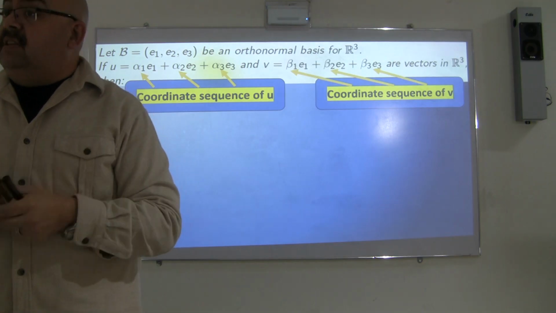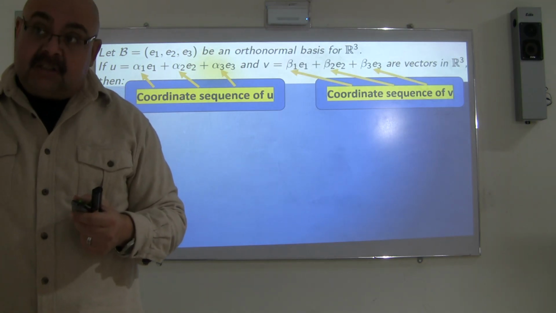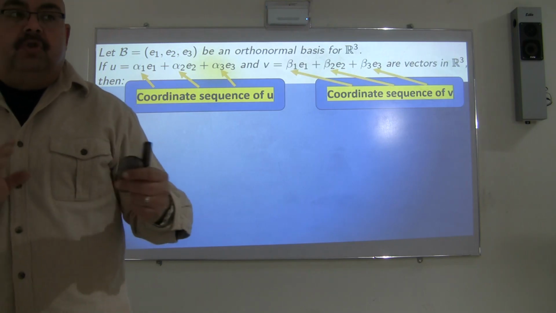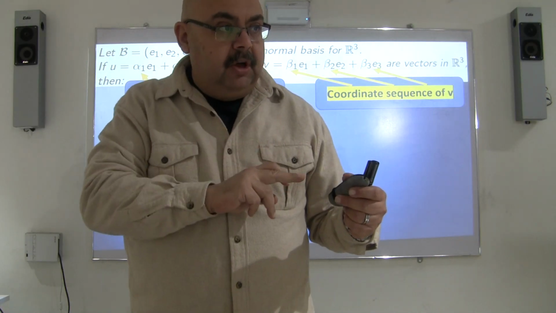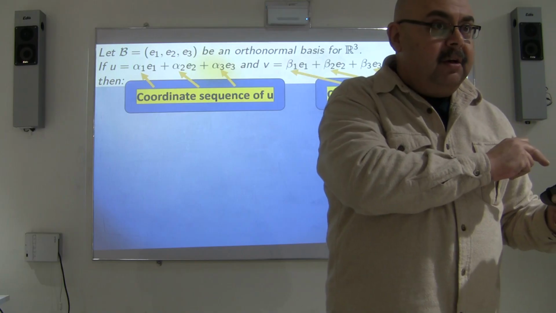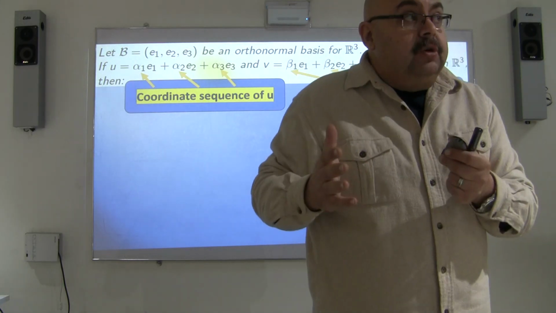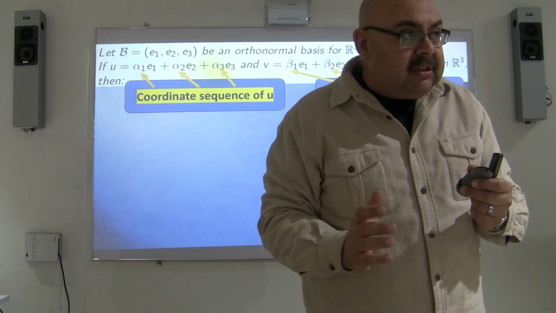I'm stating that the vector 4, 5, 6 is exactly like 4 times 1, 0, 0, plus 5 times 0, 1, 0, plus 6 times 0, 0, 1.